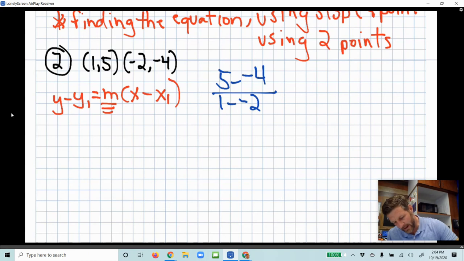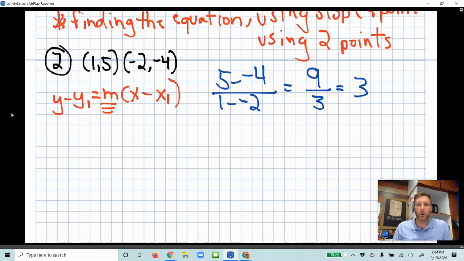So let's see, 5 minus -4 is positive 9, over 1 minus -2 is positive 3. And now I can simplify that like a fraction. 9 over 3 simply reduces to 3. So my slope, I just found it. My slope is 3.